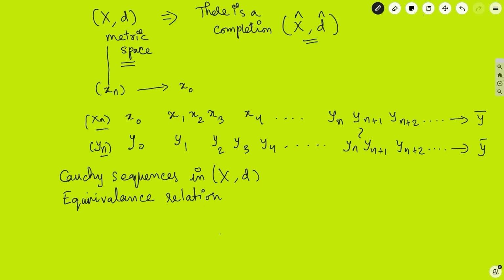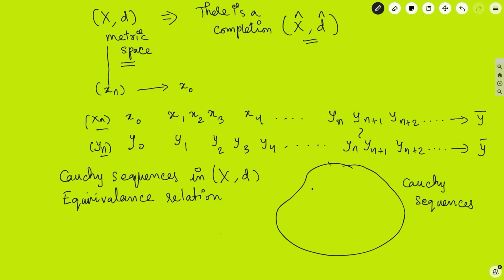Similarly, you want to define a relationship where you group many of these sequences together into different classes, right? So you have this entire space of Cauchy sequences, and what you're going to do is find a relationship between sequences and group them into disjoint classes, right?